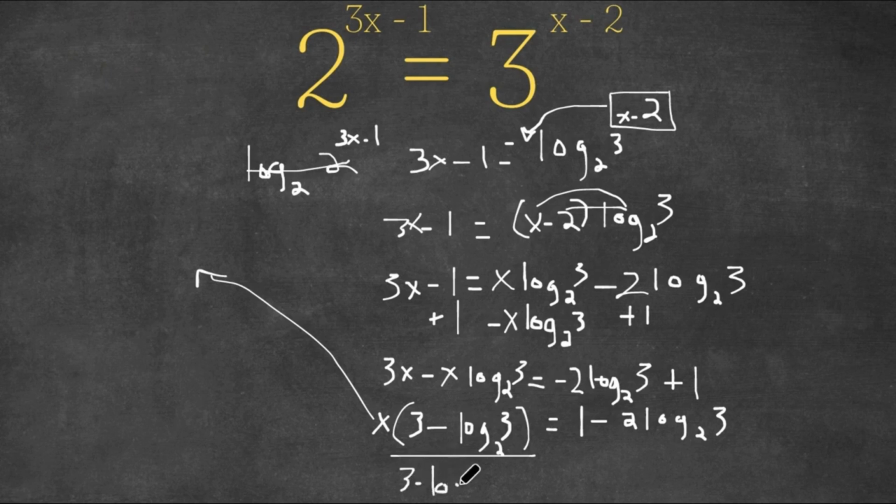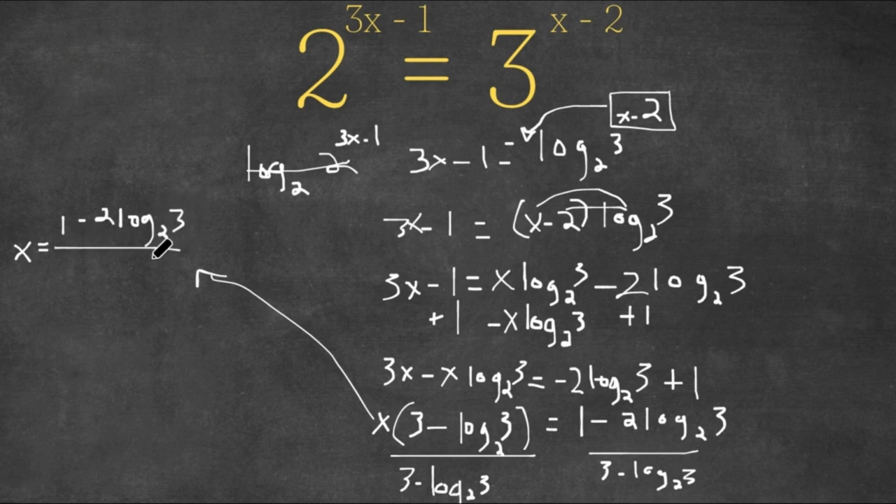If we divide by this on both sides, we get that x equals 1 minus 2 log 3 over 3 minus log subscript 2, 3.